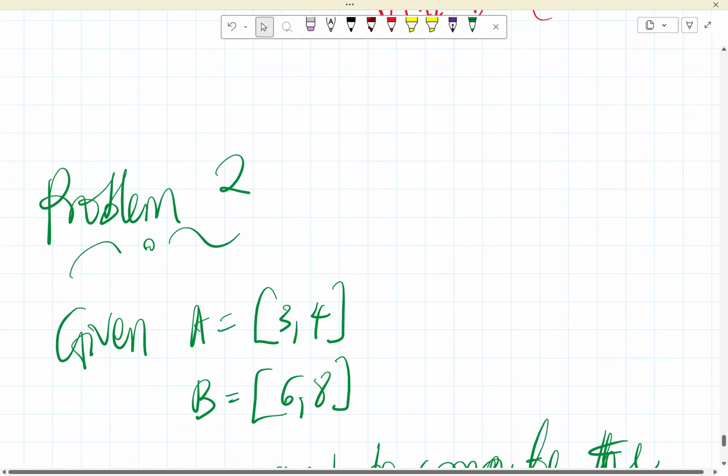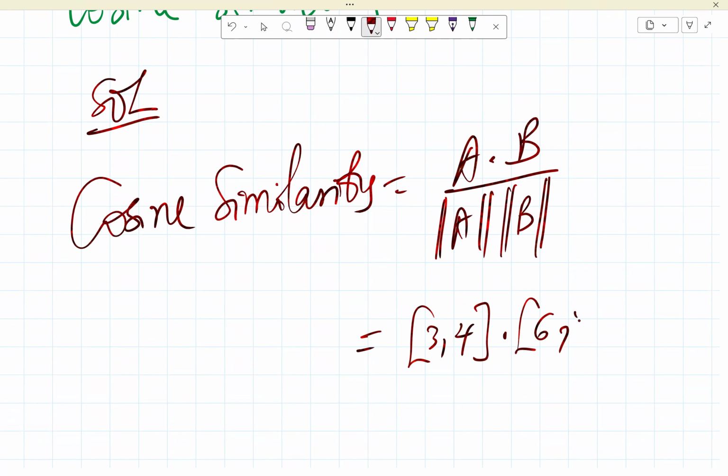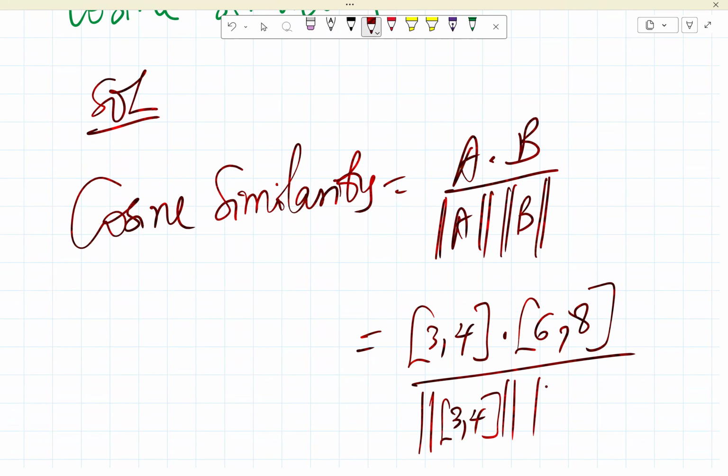So we already have our A and B, right? So 3, 4, 6, 8. So we can just go straight. This is (3, 4) dot (6, 8), all over the magnitude of (3, 4) multiplied by the magnitude of (6, 8).